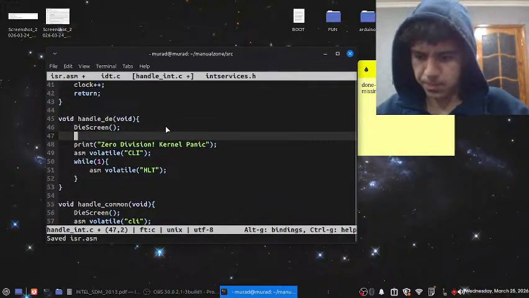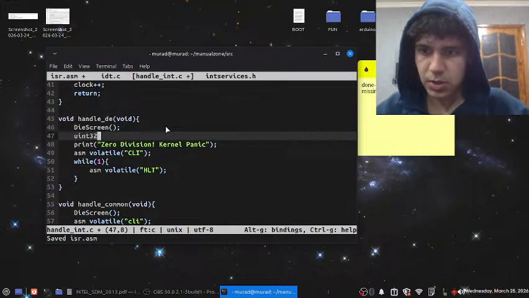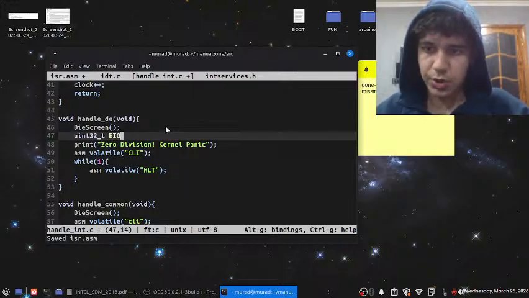Okay, unsigned 32-bit instruction pointer here. Now it will give an error.